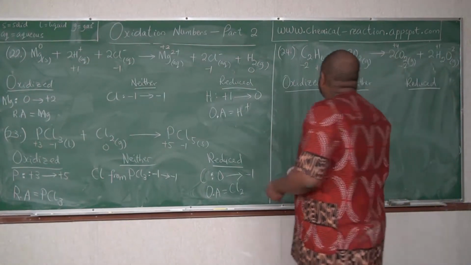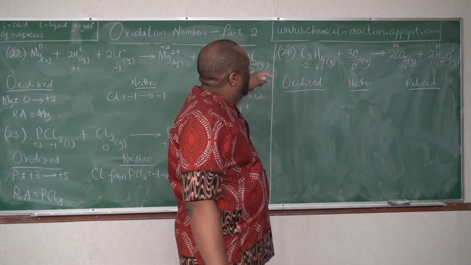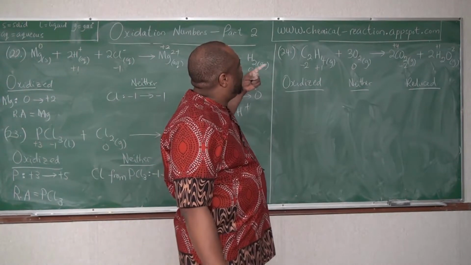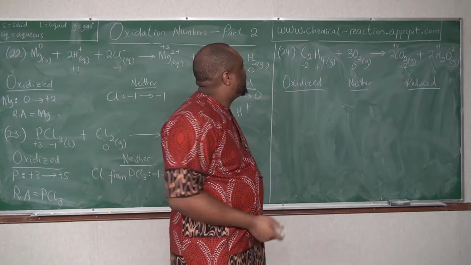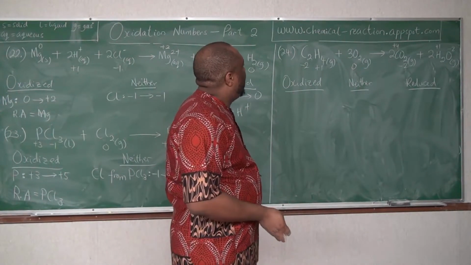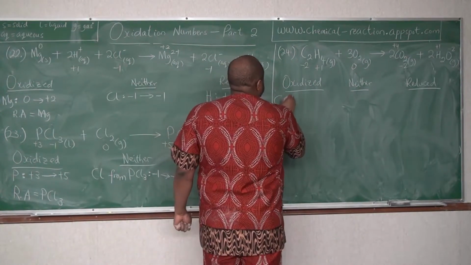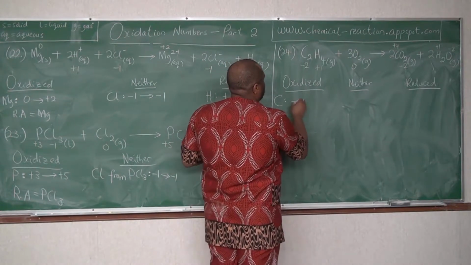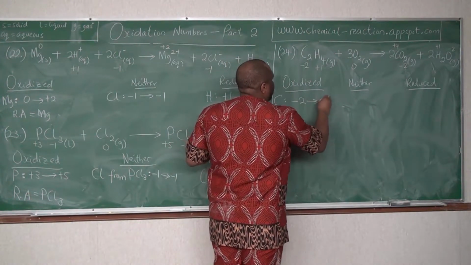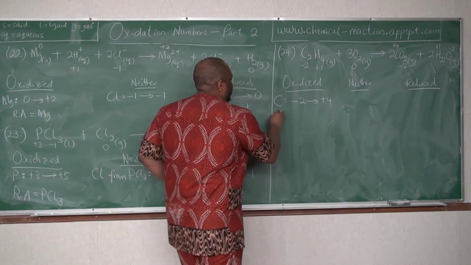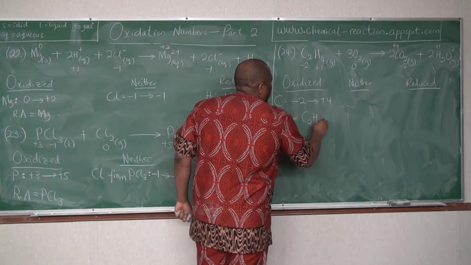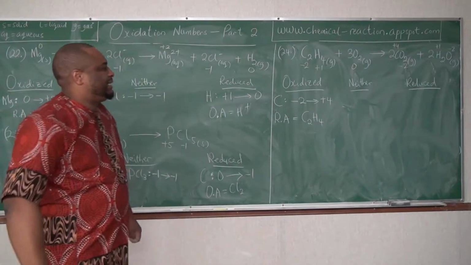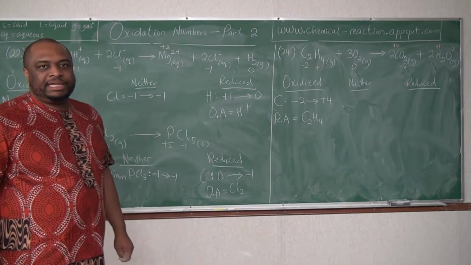Now, oxidized. If you look at carbon, -2 to +4, that's an increase. So carbon is oxidized from -2 to +4. And the reducing agent is the ethene.